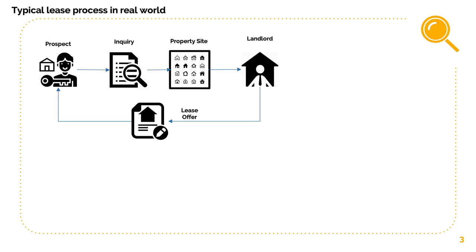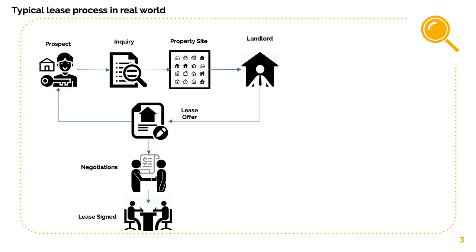Assume the landlord says the rent for the 2-bedroom house is around 10,000 a month, but Steve feels it's very high for that particular area and vicinity. He wants to negotiate, so the next stage is negotiation. After a couple of meetings and negotiations, the landlord finally agrees to give that house for a lesser amount, and they sign the offer, which gets into a contract.